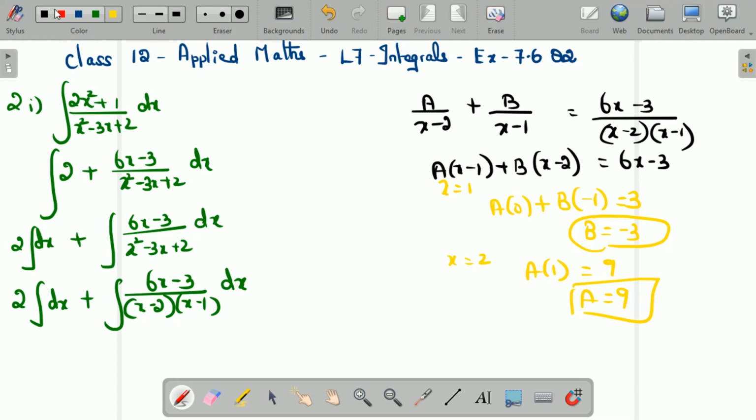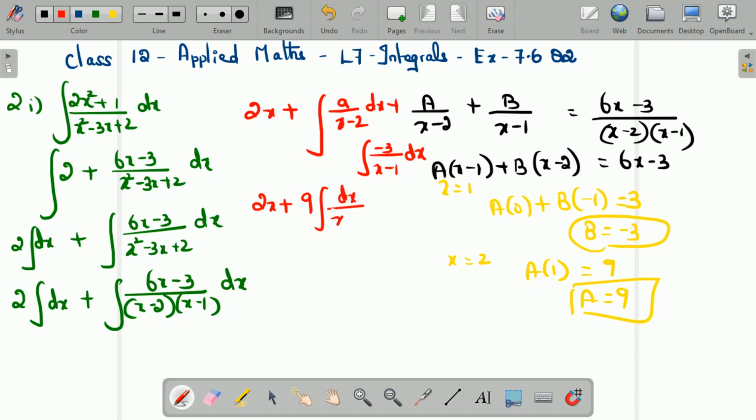Now let's change these fractions. The first part I'm doing direct integration. So 2x plus integral of 9 divided by (x minus 2) dx plus integral of minus 3 divided by (x minus 1) dx. So this is 2x plus 9 into integral of dx divided by (x minus 2) minus 3 into integral dx divided by (x minus 1).